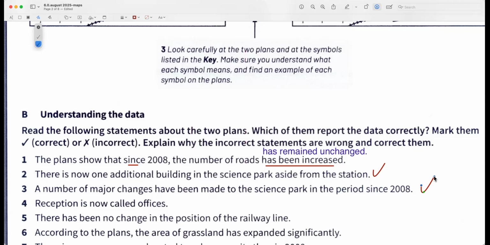Yes, this is correct. Because in the science park today, is it no? Yeah, that is not correct, because the reception is replaced by the university hub. Yeah, it's now a university hub. Okay, so it's not correct.